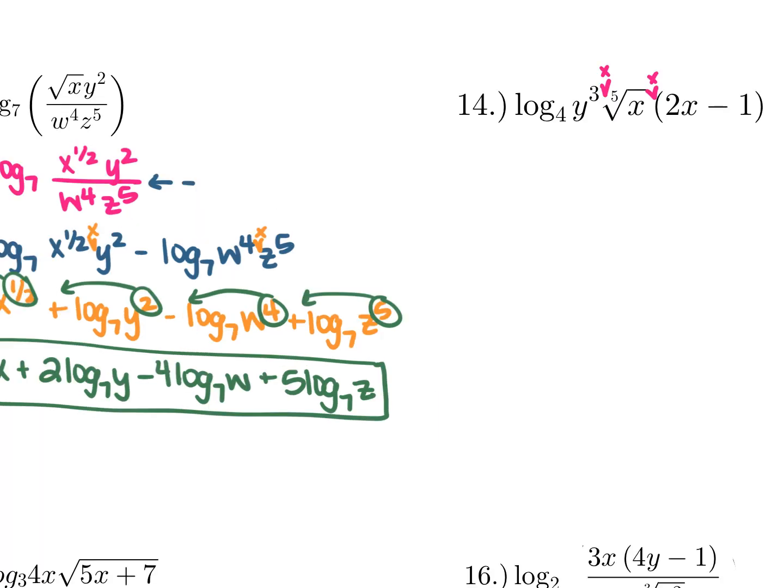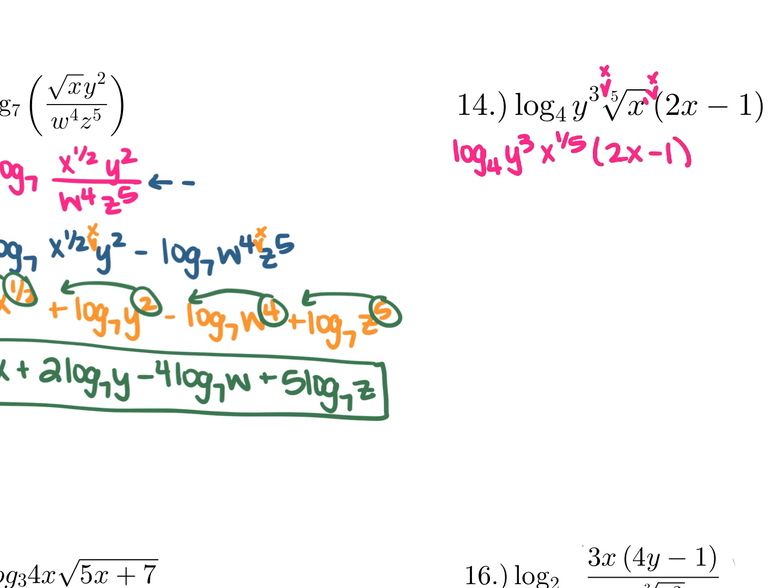With this number 14, I'm going to rewrite your 5th root as the 1/5 power, because the power on x is 1 and the index is 5. So that's going to give you log 4 of y cubed times x to the 1/5 power times 2x minus 1.